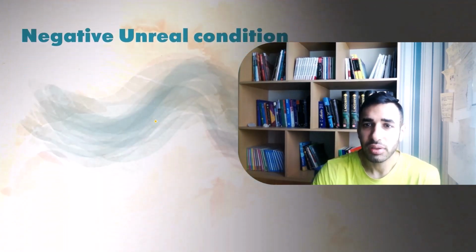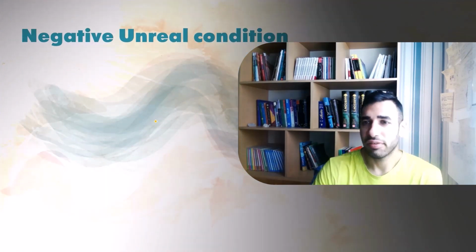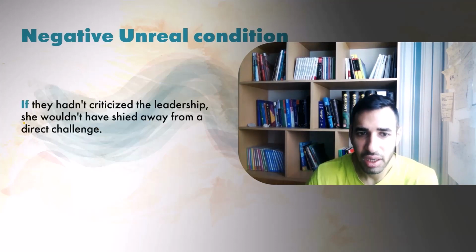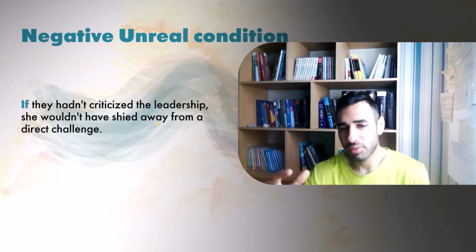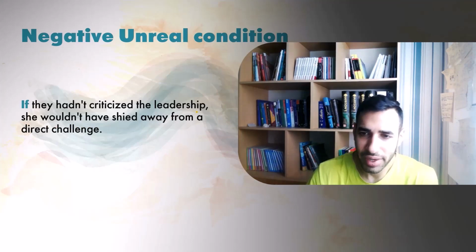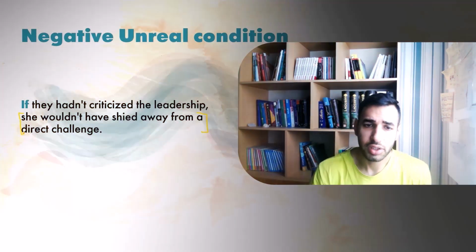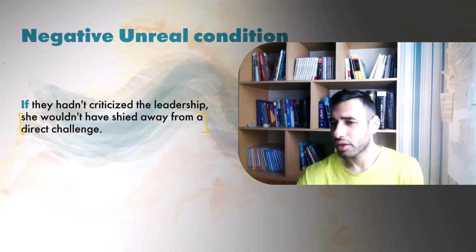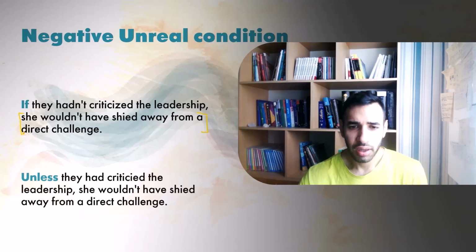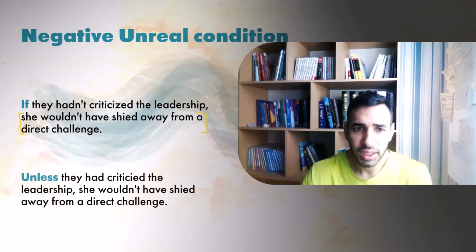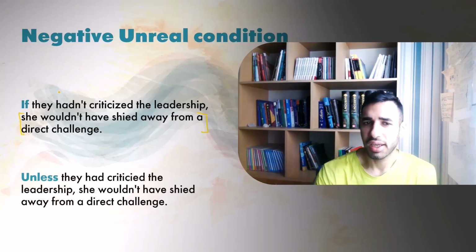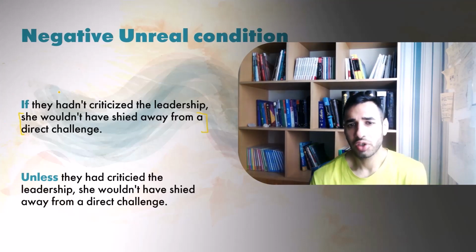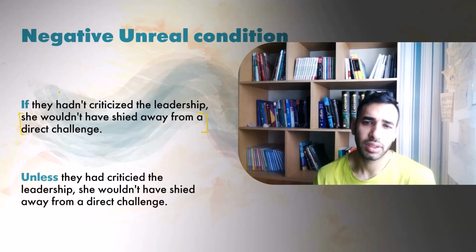Next one. Now in negative unreal conditions, if the main clause is negative: she wouldn't have shied away from a direct challenge. Here we have a negative main clause. In this situation, we can use both if not and unless in the conditional clause. Unless they had criticized the leadership, she wouldn't have shied away from a direct challenge.